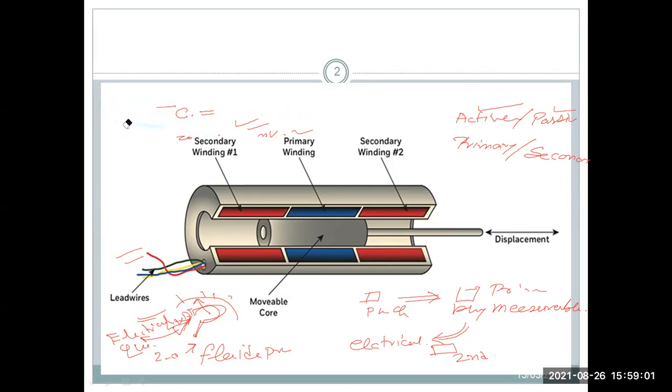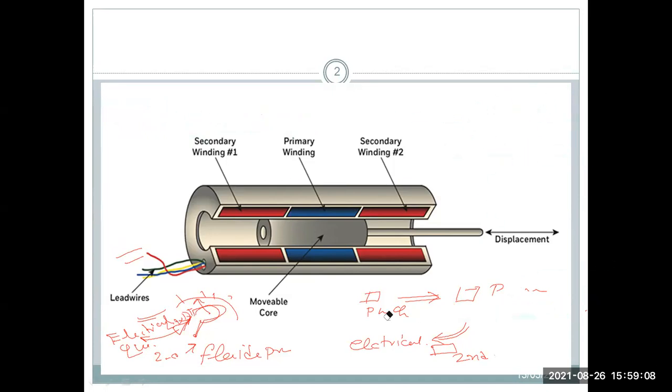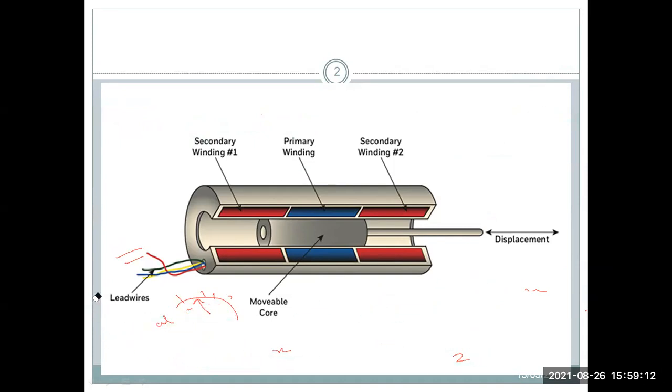Then it is called the secondary transducer. Now we are going for the LVDT. LVDT stands for linear variable differential transformer. Now we are going for the construction, working principle, and then application. First one is construction. You can see there is a primary winding, there is a secondary winding, and there is some displacement.